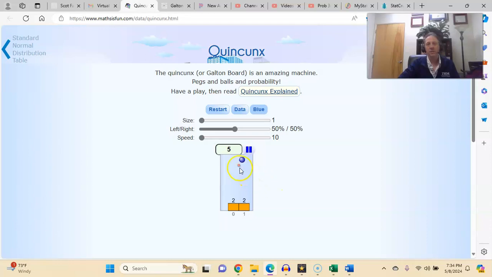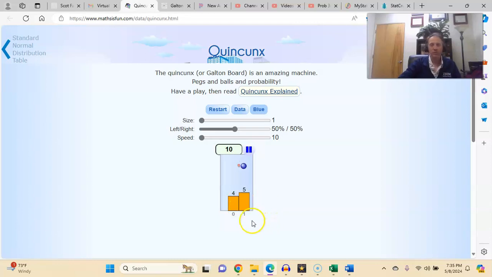So let's just suppose that bouncing to the right means heads or success, and bouncing to the left means tails or failure. So here's a ball. This one just dropped down, and it looks like it's turning out to be a success. It's a head. Here's another ball. Oh, that one's also going to the right. Now there are 5 heads. Here's another falling ball. That one's going to be tails. So now we're going to have 4 tails and 5 heads.